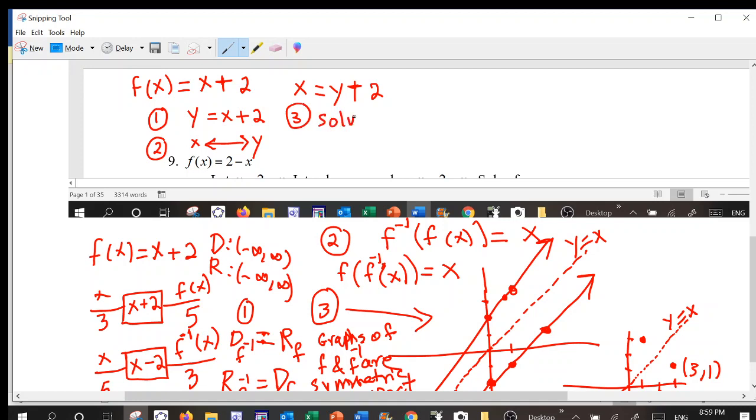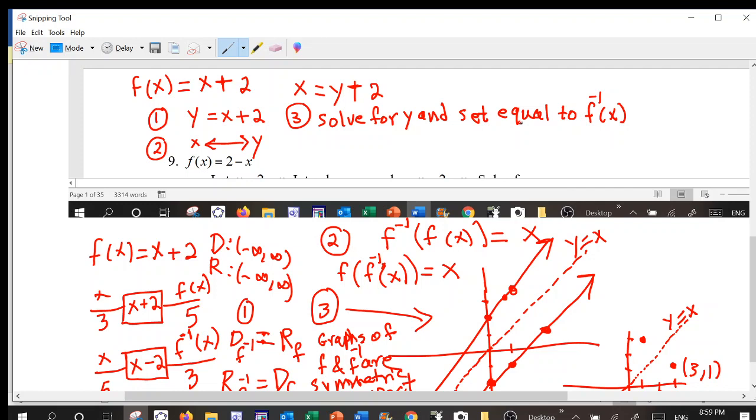Okay, and then solve for y, and set equal to f inverse.